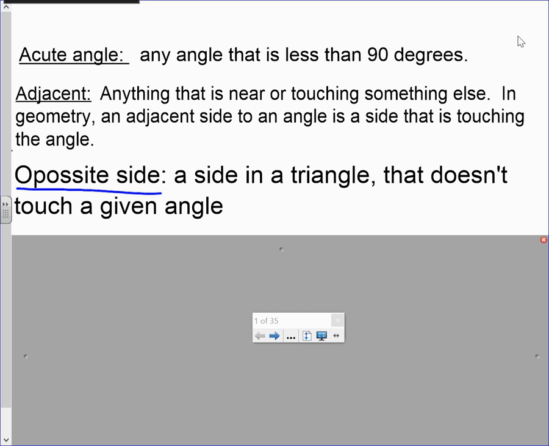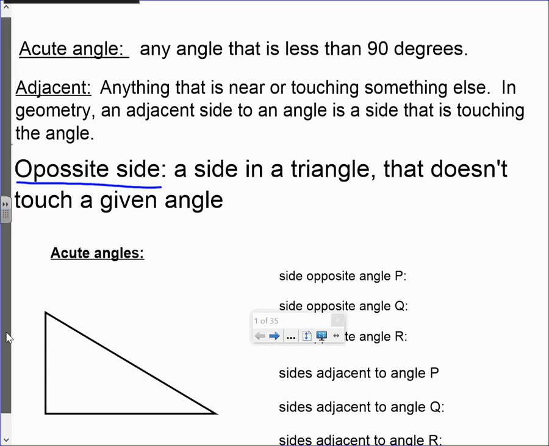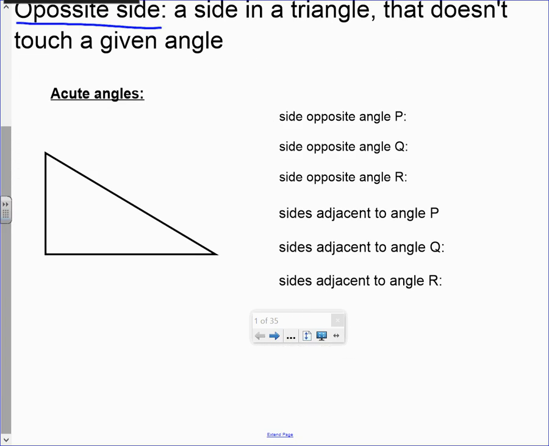Take out most of your paper and go ahead and draw a right triangle.